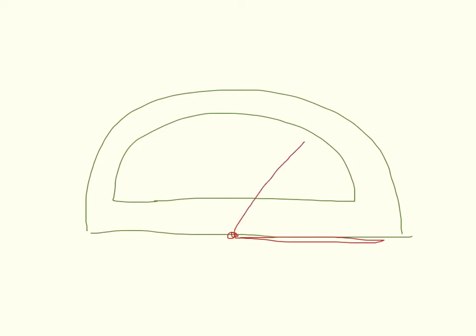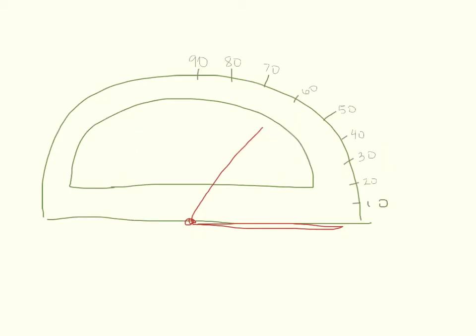To find out how big the angle is, I would need to look at what number is at the top that lines up. Imagine this line to keep going and to see what number is at the top of the protractor. In this example, we might say that this is about a 60-degree angle. So we would write 60 degrees. So it's a 60-degree angle.